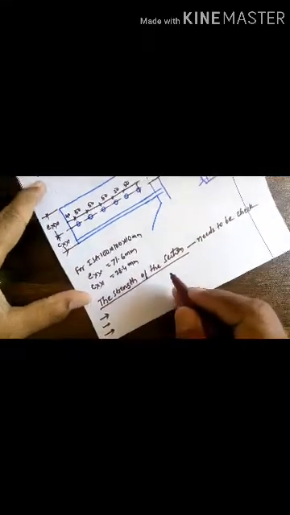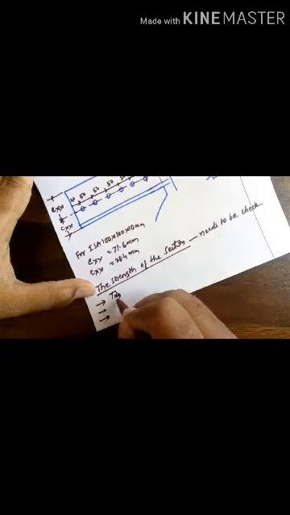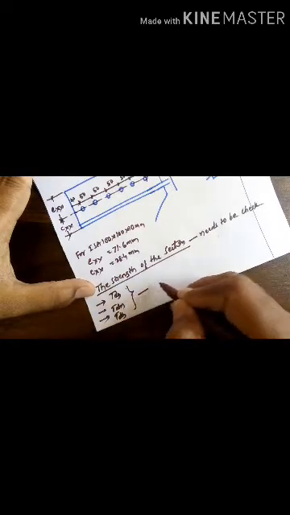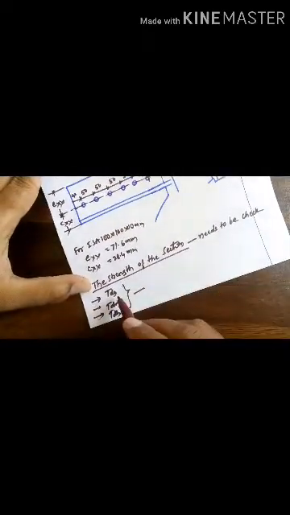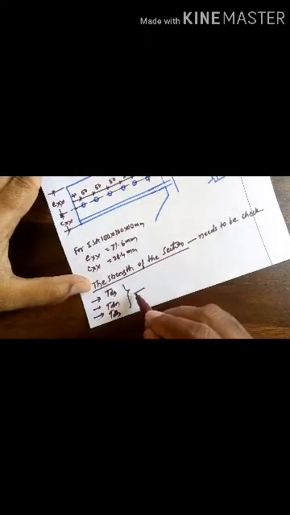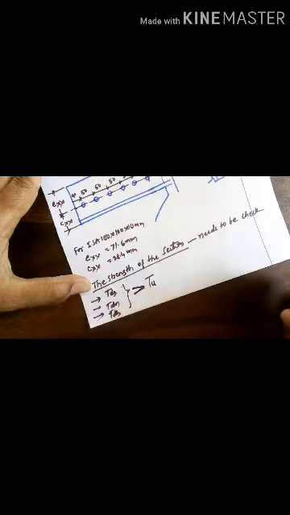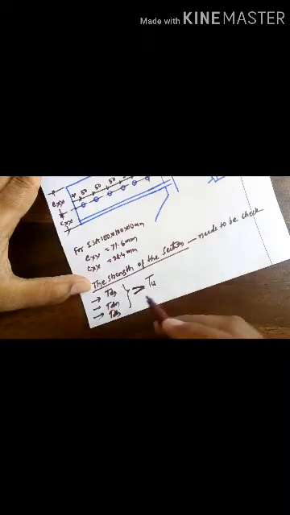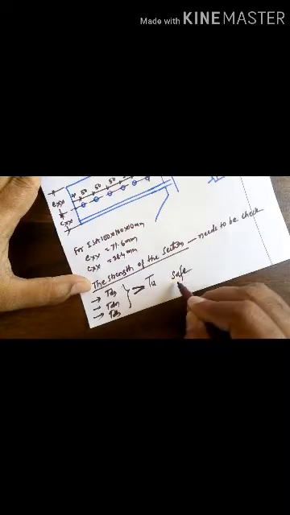Three things you need to check, that is TDG, TDN and TDB. The least of the three should be more than the given factored load, then only we call it safe.